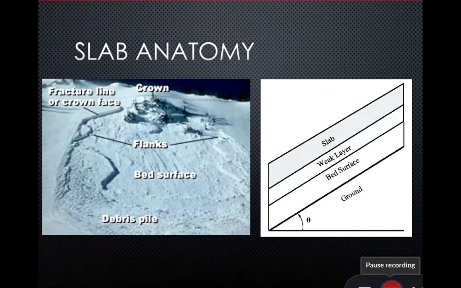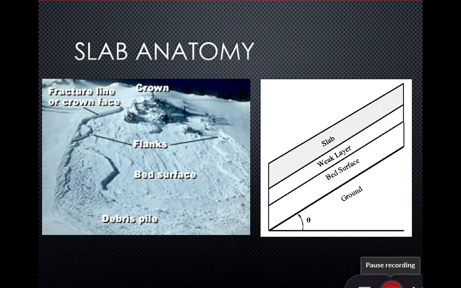The slab slides on a bed surface. It's typically initiated or caused by the weak layer not being strong enough to hold the slab and any additional weight. As it goes, it slides on that bed surface and creates a debris problem at the bottom of the slide.